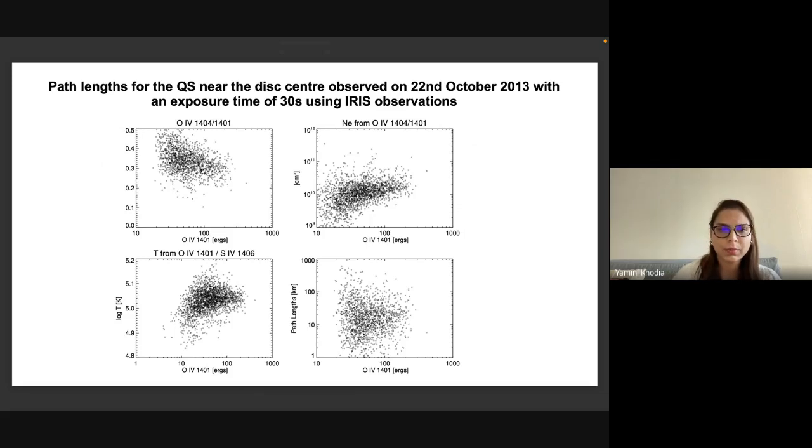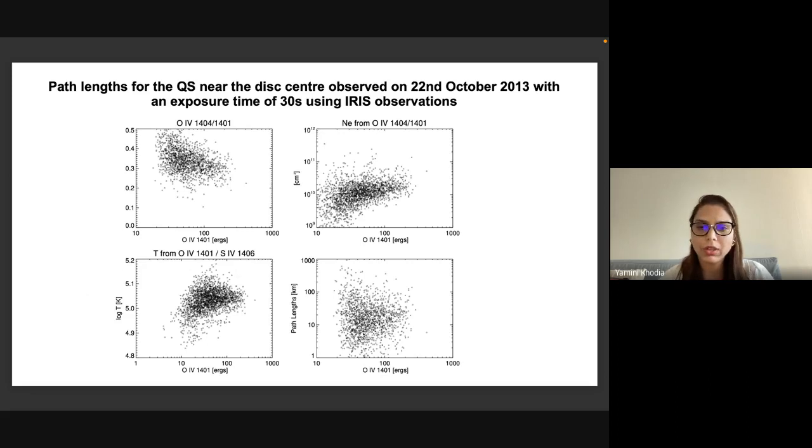Then we also did some temperature diagnostics using the oxygen IV by sulfur IV ratio, which shows an average value of log T equal to 5 to 5.1.